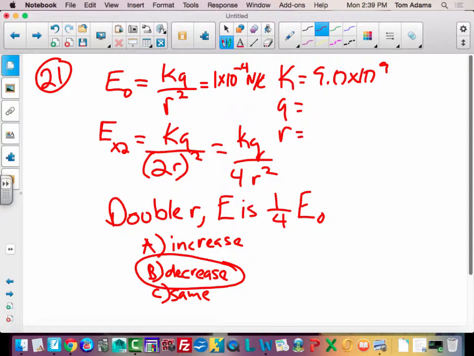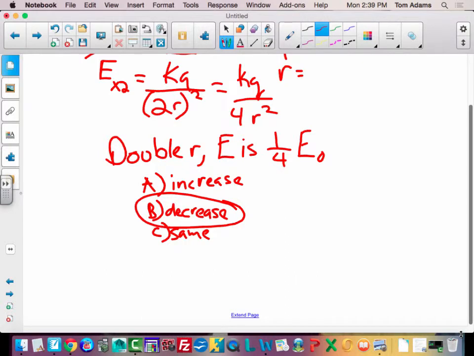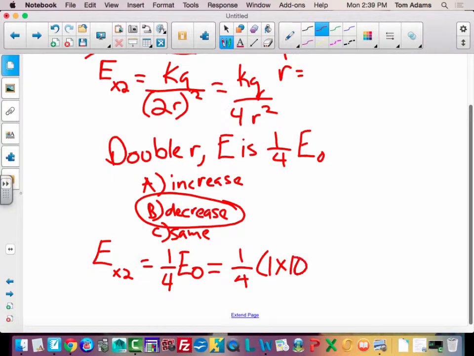In other words, I'm going to take whatever this is and multiply it by 1/4. So the electric field is equal to 1/4 times what the original electric field is, which is equal to 1/4 times the 1 times 10 to the negative 4 Newton coulombs, right?